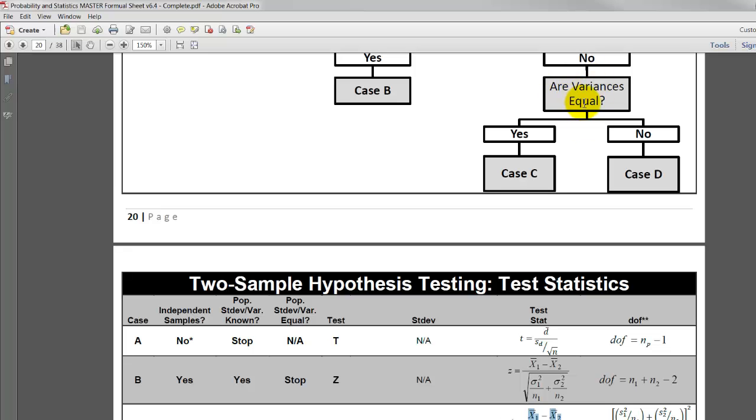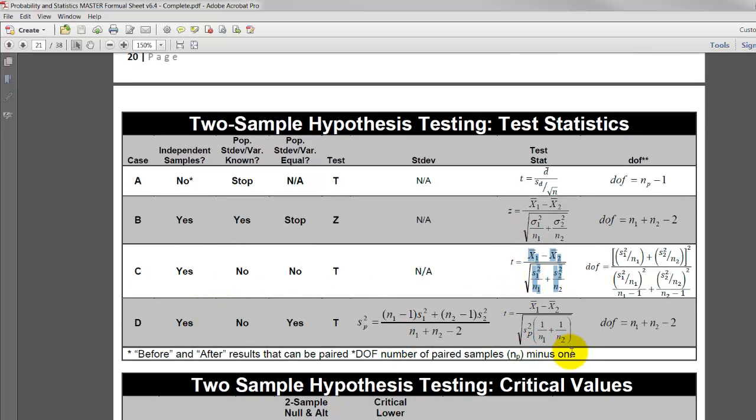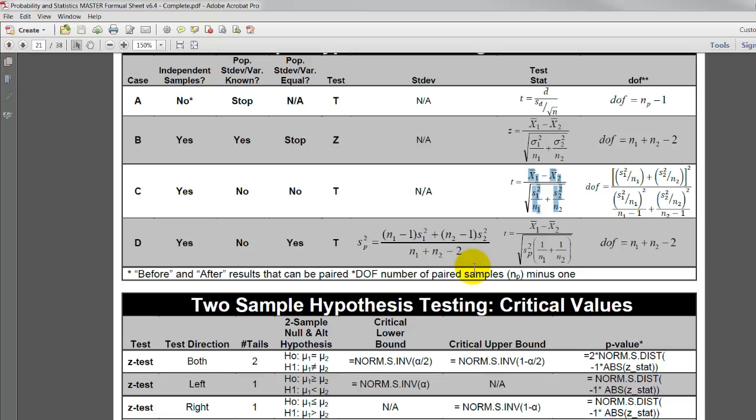If the variances are not from the same population, then we use the final case, and we adjust for that calculation here. So anyway, we do have the software. You will not be asked to calculate these manually.